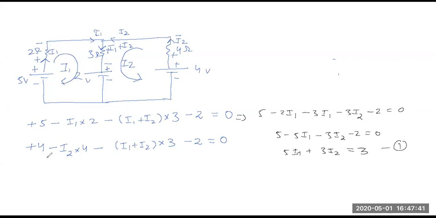Yes, sir. लगा मुझे ऐसा ही थिंक 4 तो प्रीवियस इक्वेशन चेक कर लेना, प्रीवियस हमने सही किया कि 4 minus 4i2, then you have minus of 3i1, then you have minus of 3i2, then you have minus 2, this is equal to 0, then you will get 4 minus 2 is 2, and if you take it to the other side you will get 7i2 plus 3i1, right?